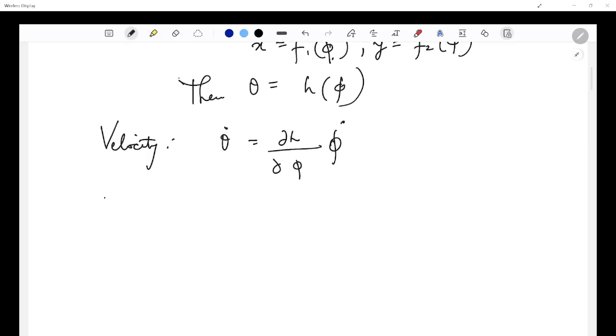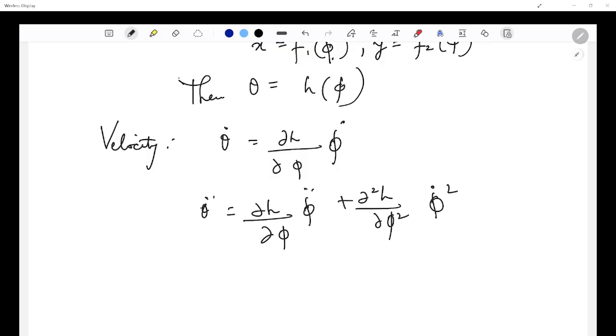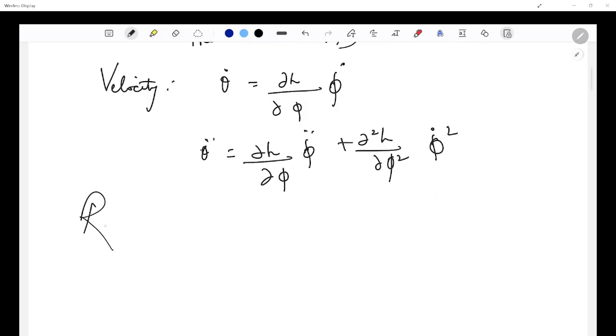Then theta double dot is ∂h/∂phi into phi double dot plus ∂²h into phi dot squared. So from here, we'll talk about reduced dynamics and the final form.